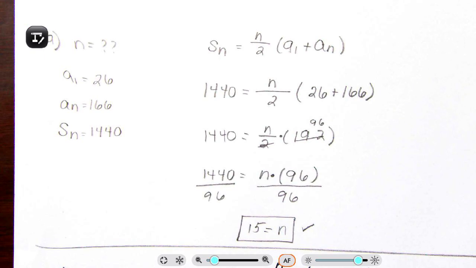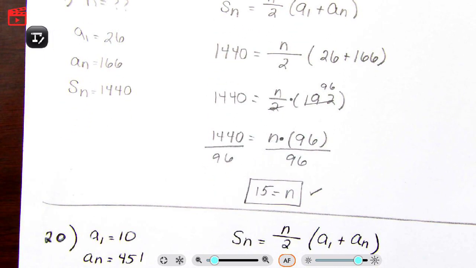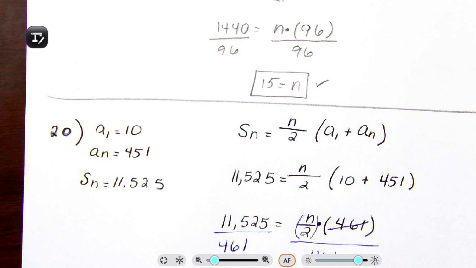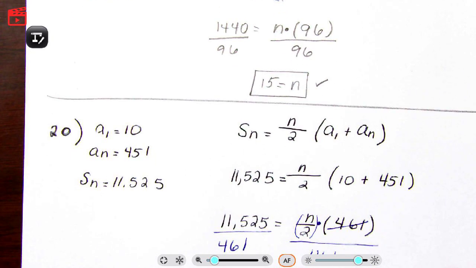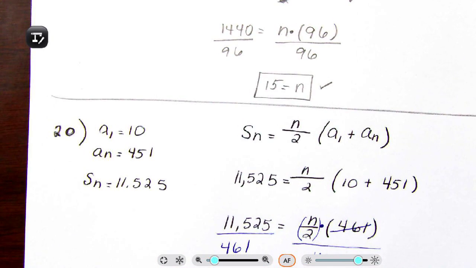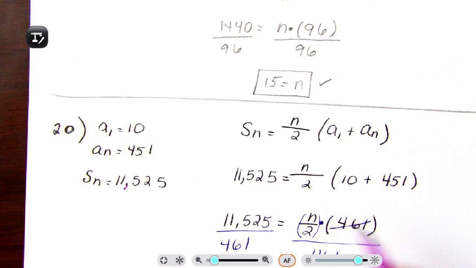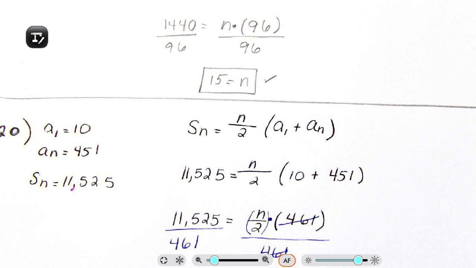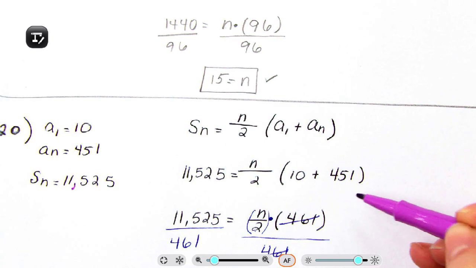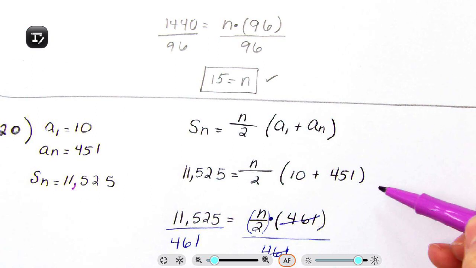Number 20 is, again, giving you a sub 1, it's giving you a sub n, and it's giving you S sub n. And this is a comma, not a dot. So this is 11,525. Again, here's your formula. Substitute or plug in your given values.